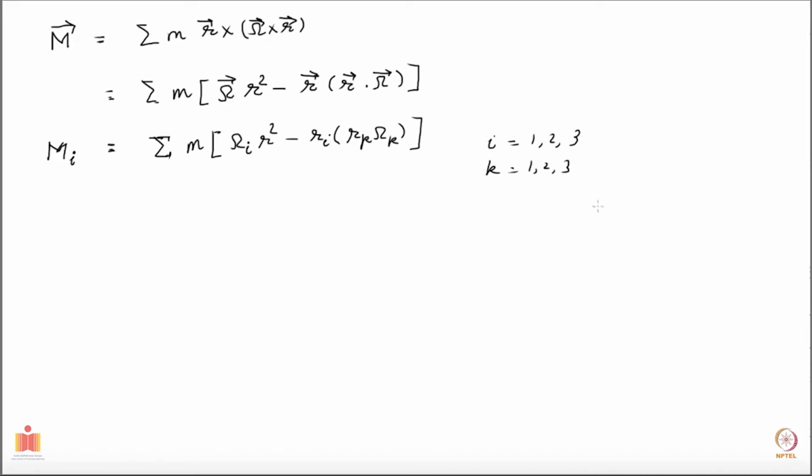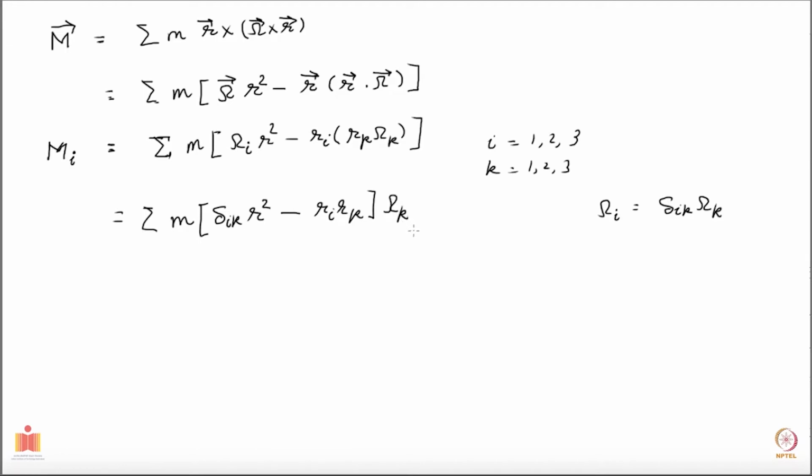Now I will write down omega i as delta ik omega k. I'm doing so because then I can pull out omega k, because this one has omega k. So this I get as m delta ik r square minus ri rk times omega k.